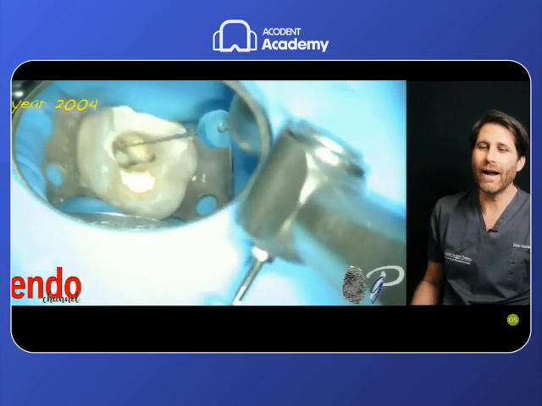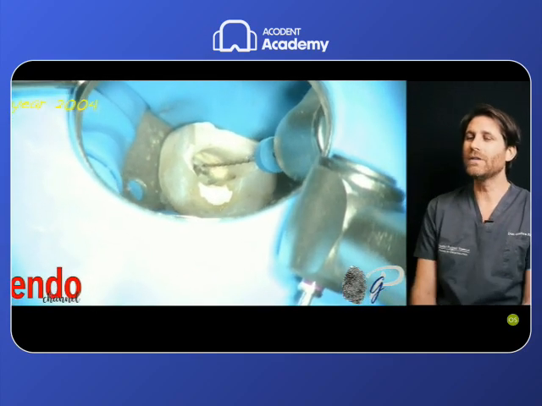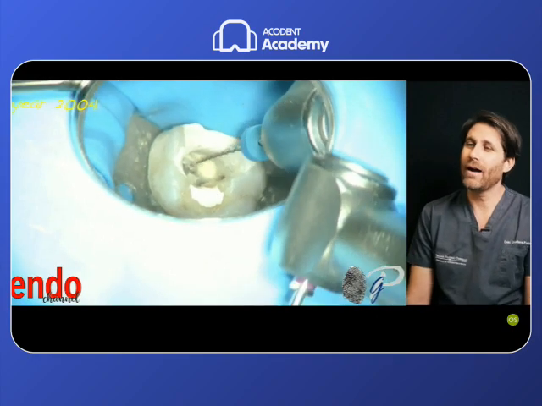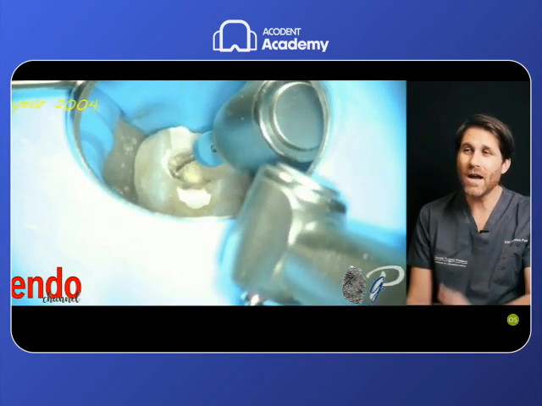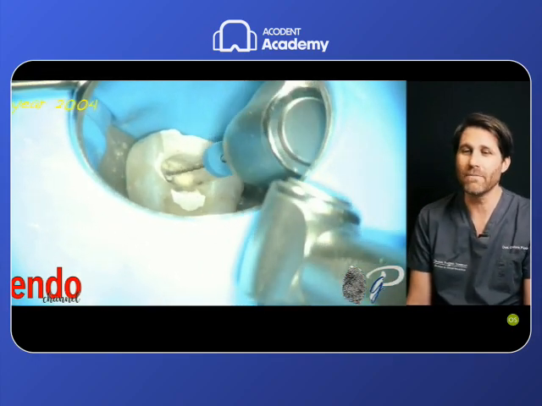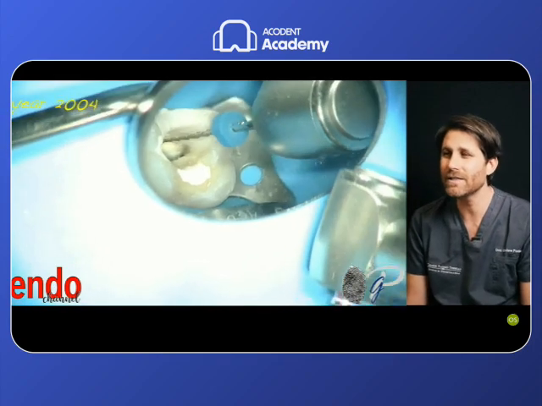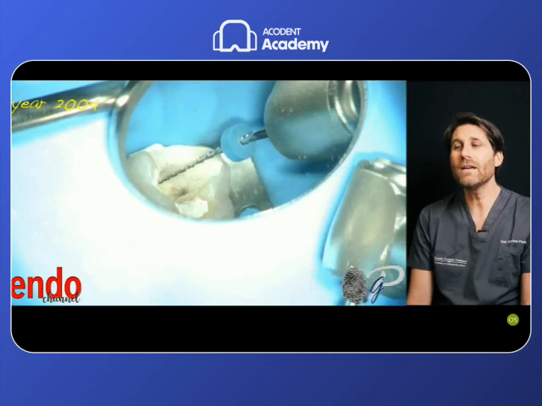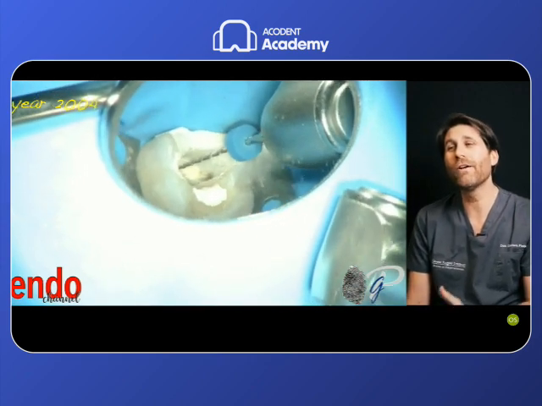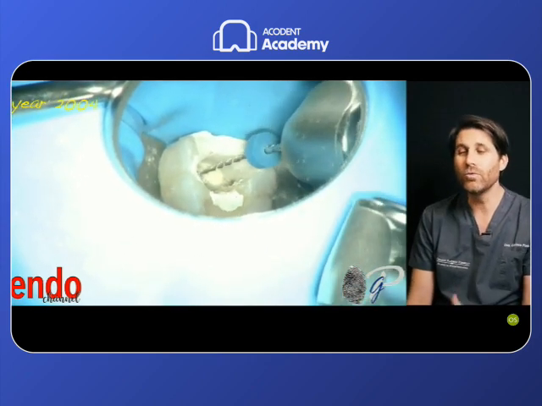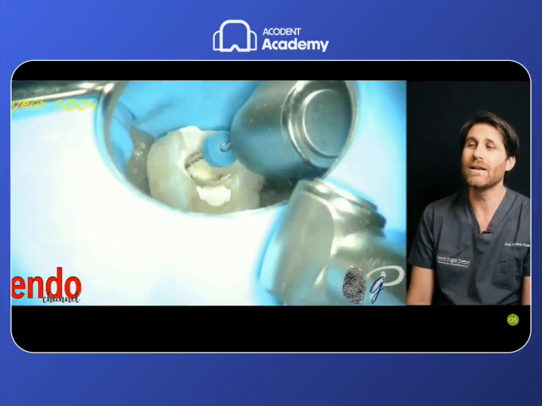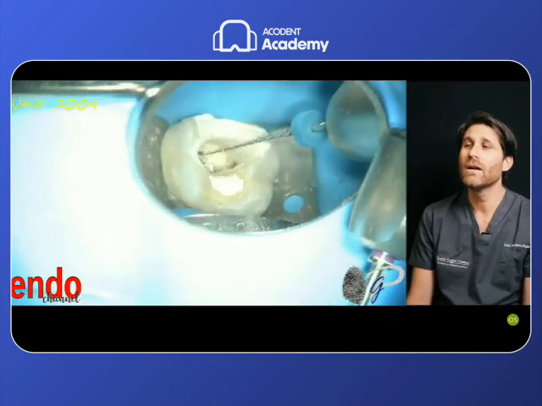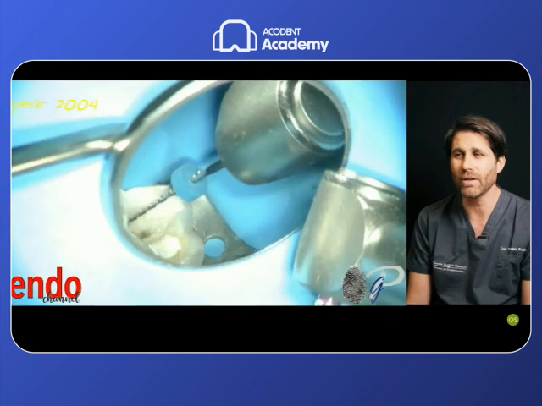And with this file, I was able to scout the apical third of unscoutable root canals because of its flexibility and its cutting efficiency, but it was a file used in rotation. So it gave us all the difficulties and all the risk that can be attributed to the use of a rotary file in a root canal without any prior glide path or any prior hand scouting.